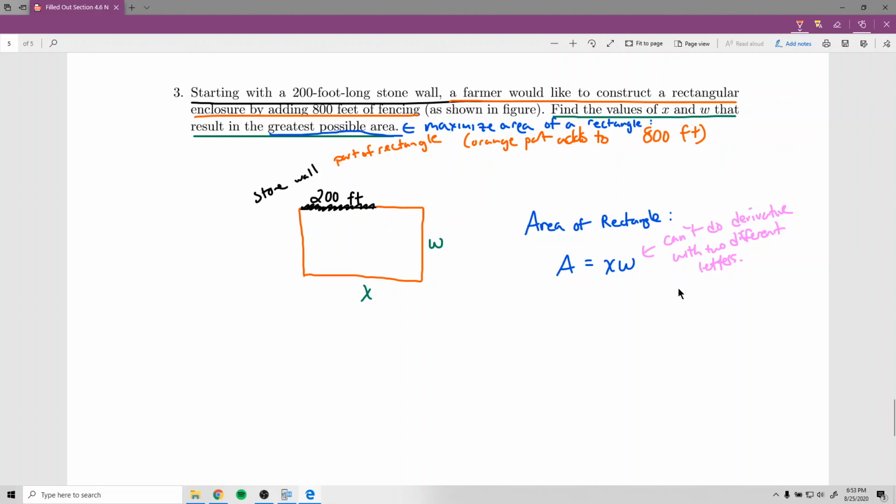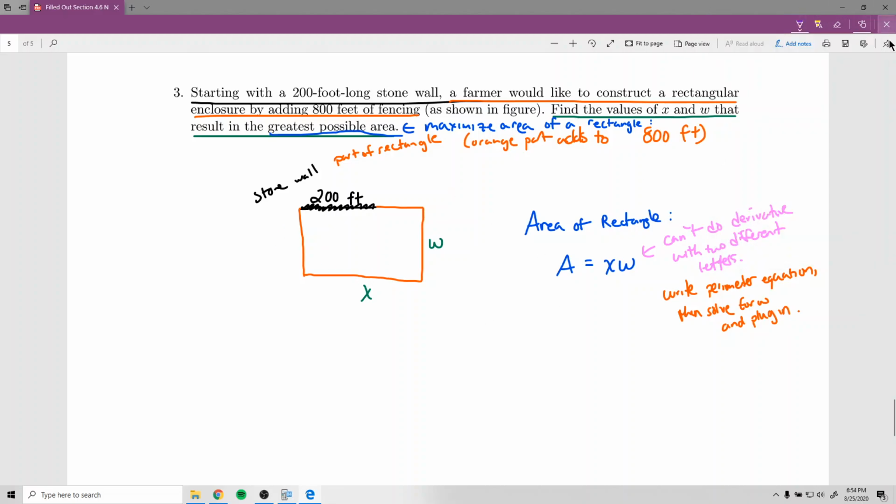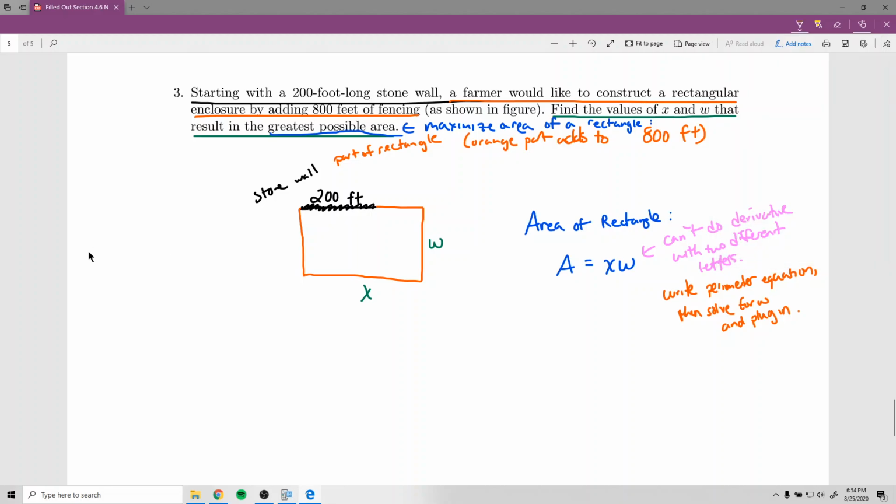So what we want to do is write a perimeter equation, then solve for W and plug in. It sounds like a lot, but start by writing down what is the formula for the perimeter of a rectangle.